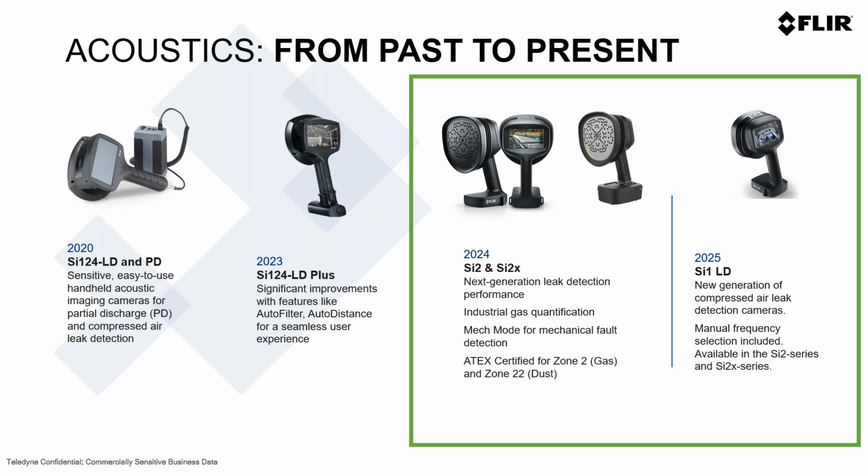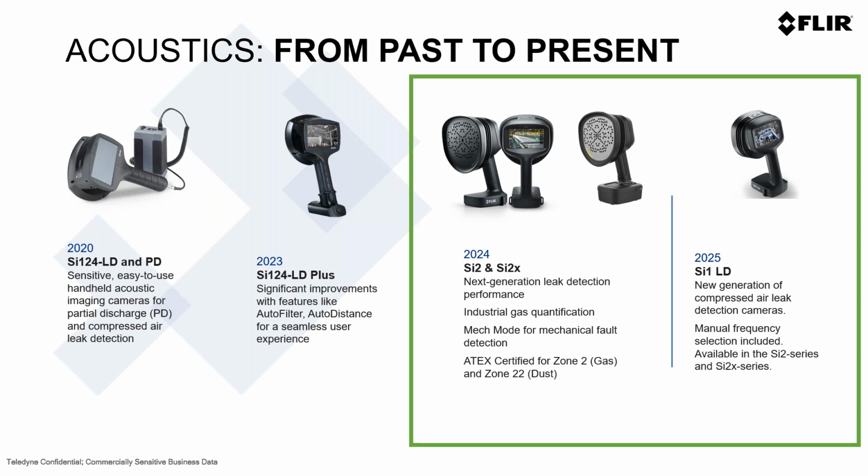But then we realized that we had to make them easier and lighter to use, to move around in industrial environments. So we changed our battery enclosure, and we changed the battery type, of course.